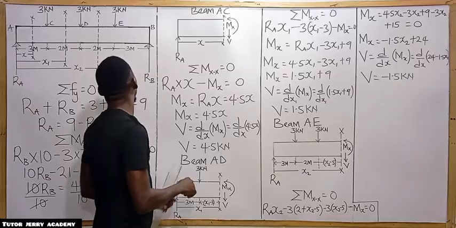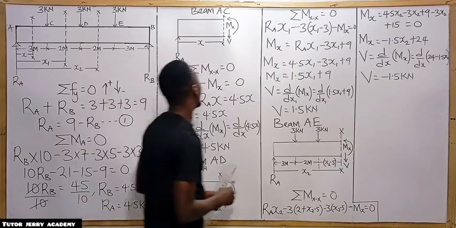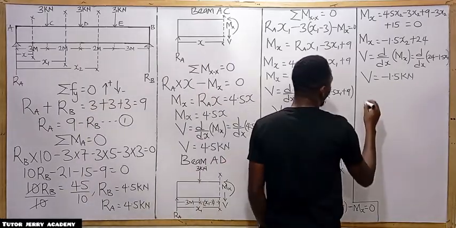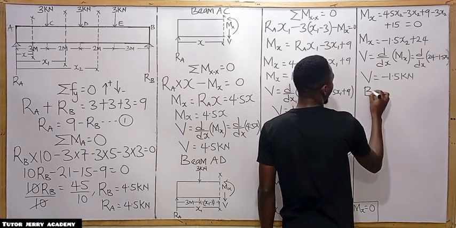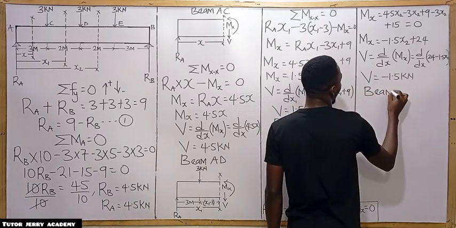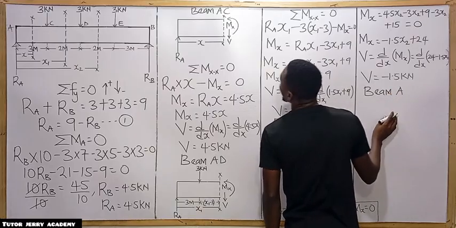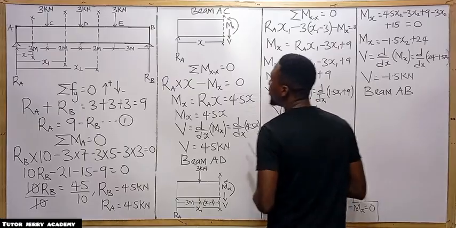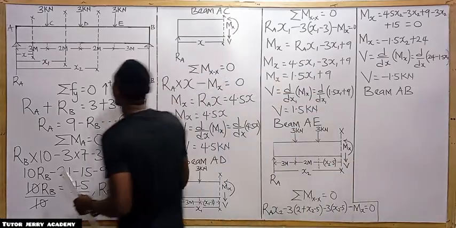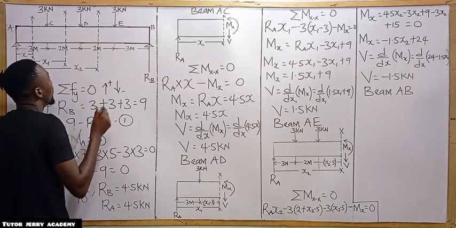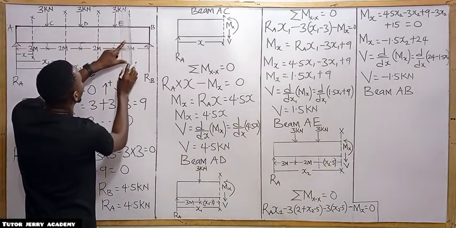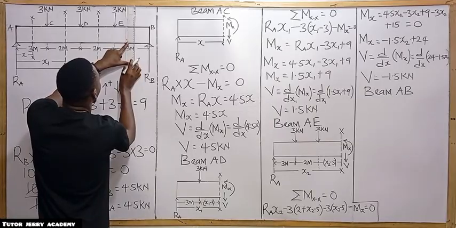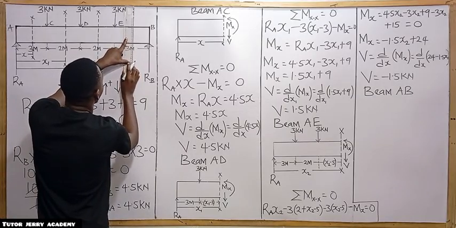The next thing we are going to consider here is beam AB, the full beam itself. Now we are going to section this side, or section any part there.